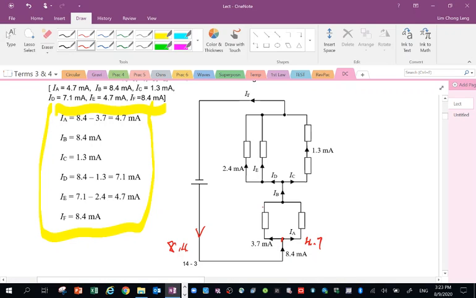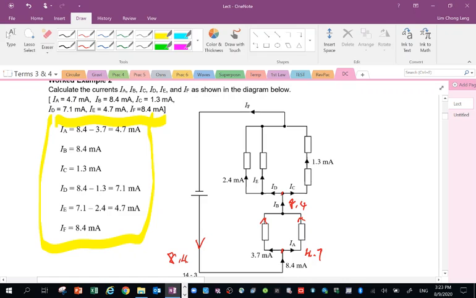And then the two currents will combine, and eventually IB should be the same as 8.4 because it is 3.7 plus 4.7, giving you 8.4. Then it reaches a junction. IC is given as 1.3.